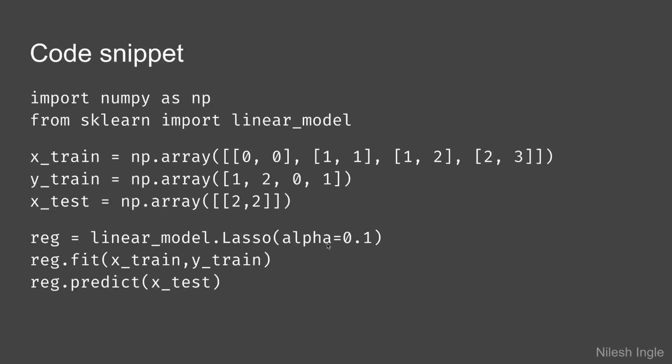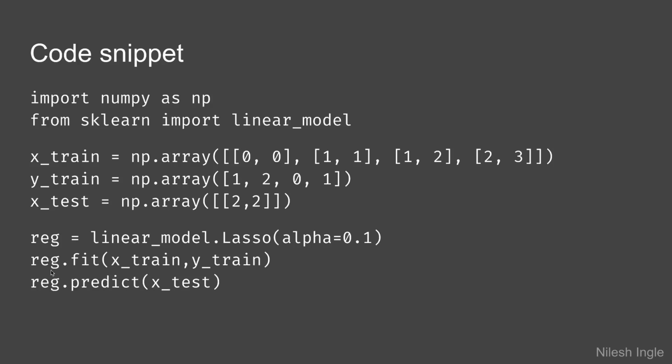And alpha, if you remember, helps constrain the values of the parameter w. So you can increase it or decrease it and then see which value of alpha gives the best level of mean squared error.